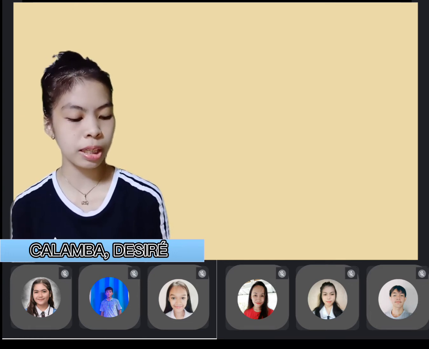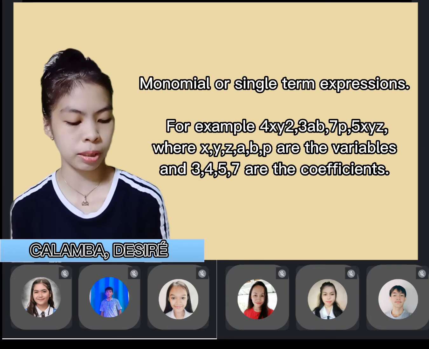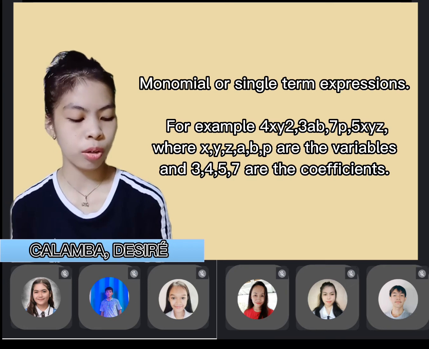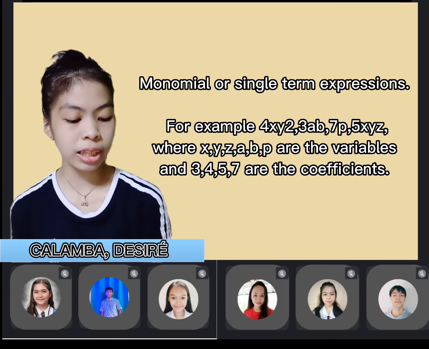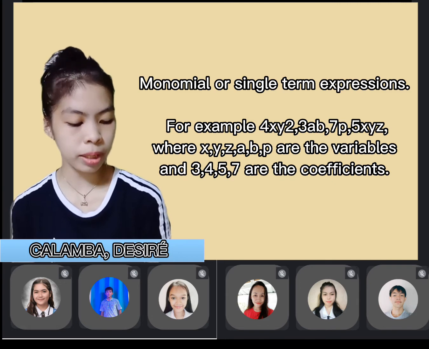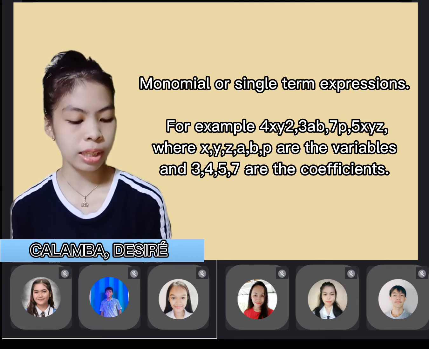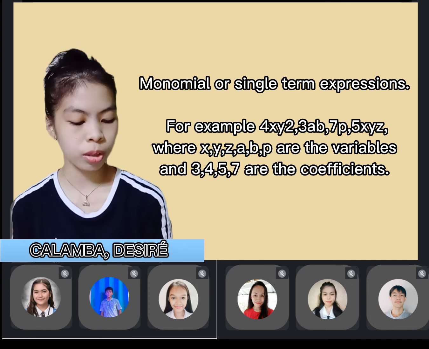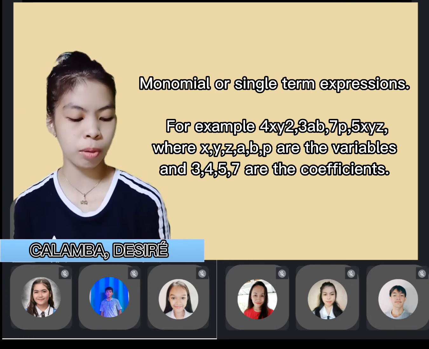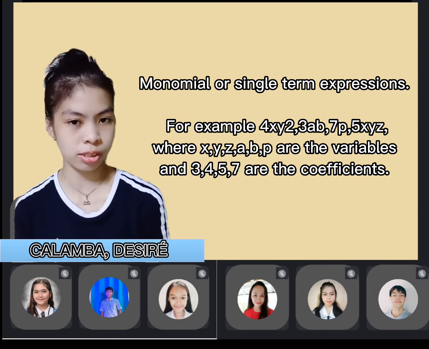The algebraic expressions are divided into three types, namely monomial or single-term expressions. For example, 4xy2, 3ab, 7p, 5xyz, and etc., where x, y, z, a, b, and p are the variables, and 3, 4, 5, 7 are the coefficients.